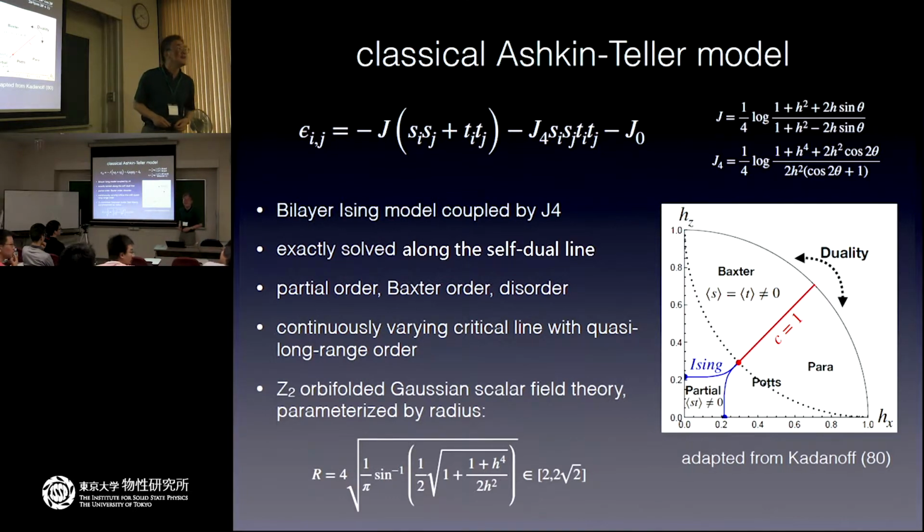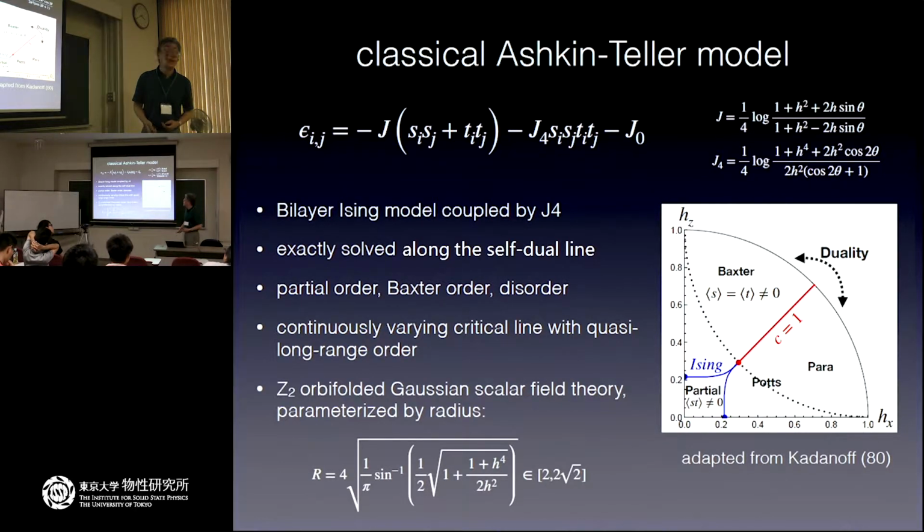So this red line, you say it's a Kosterlitz-Thouless transition, not the Ashkin-Teller universality class? In the Ashkin-Teller model, you have a continuous transition line. I'm wondering if the Ashkin-Teller model is just a spin model on a specific lattice or no?